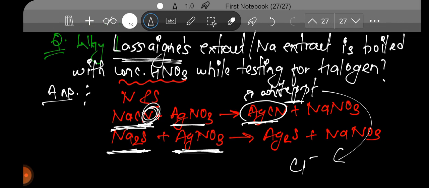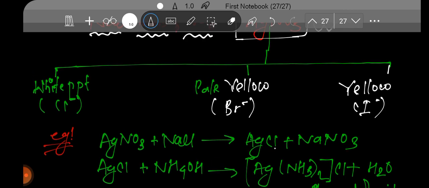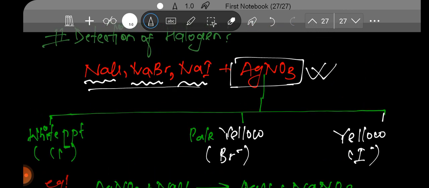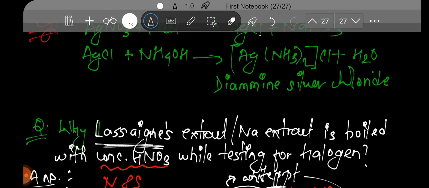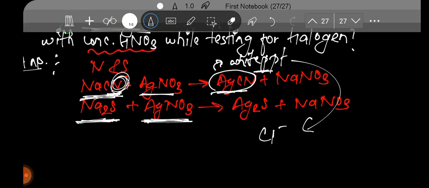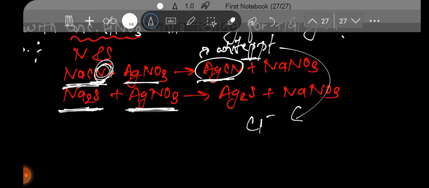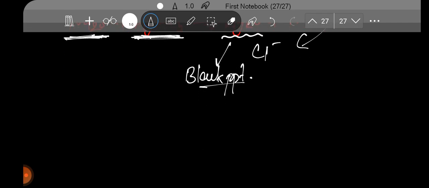Further, we have read that if a compound reacts with AgNO3 and gives a white precipitate, this is known as Cl minus ion. Likewise, if sodium sulfide reacts with AgNO3 to give Ag2S, which is a black precipitate, we have found black precipitate in the test of sulfur.